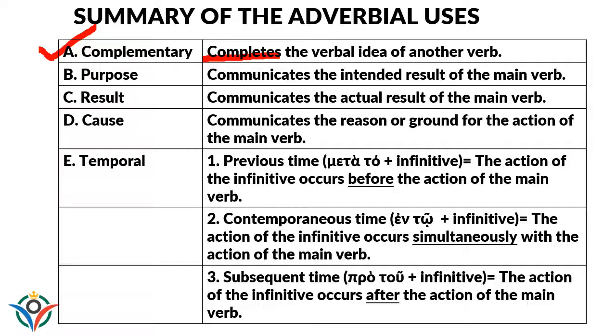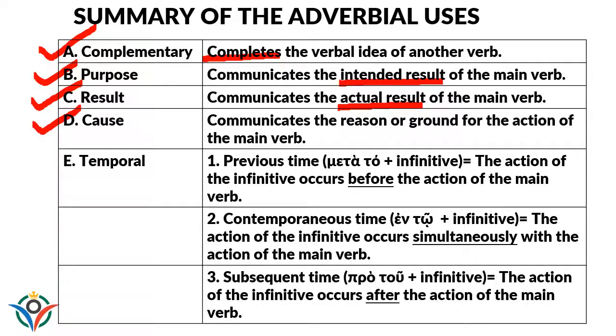So remember to look out for volitional verbs, which are verbs of wishing, willing, or wanting. Then the purpose infinitive communicates the intended result of the main verb. The result infinitive, which is very similar to the purpose, communicates the actual result of the main verb.